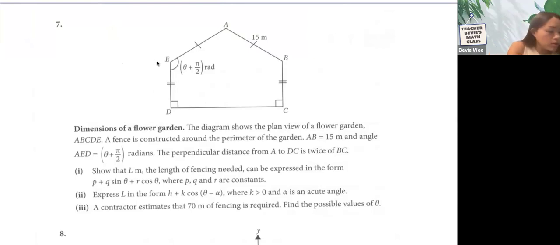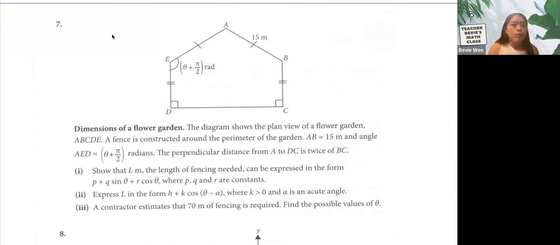I'll just send it from here. I'll send it in the group chat. These are 3 application questions for R formula.